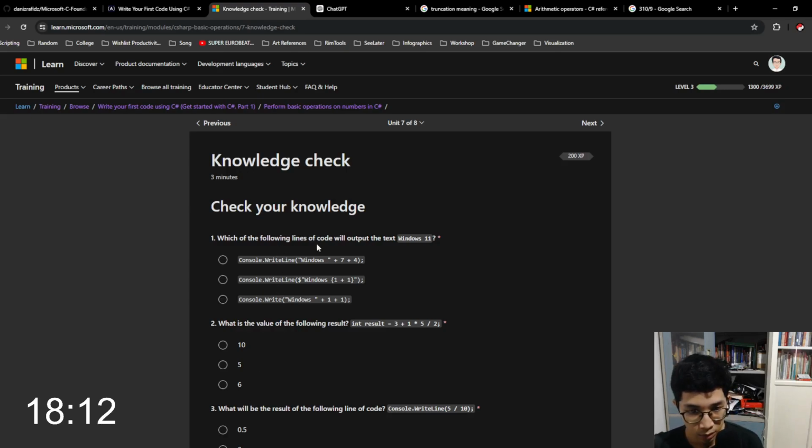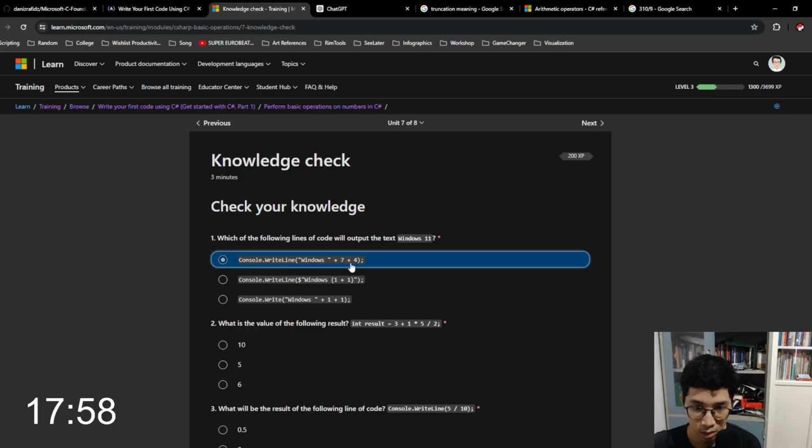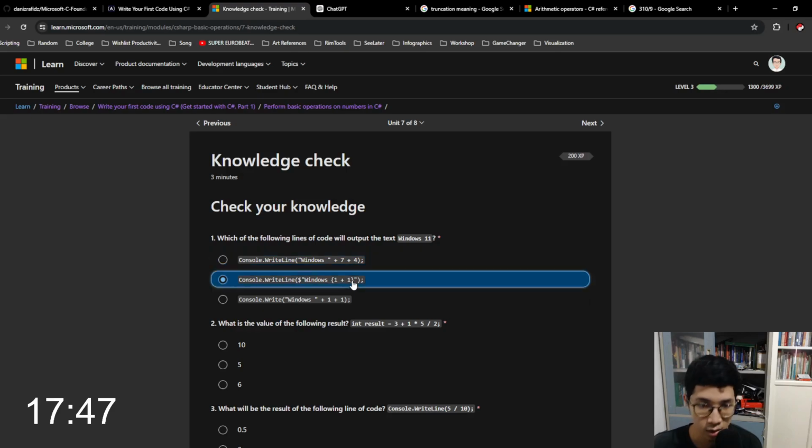Which of the following lines of code will output the text Windows 11? Windows 7. No, this one will be Windows plus 7... This one will not be 11, I guess. Now with interpolation methods, Windows 1 plus 1.